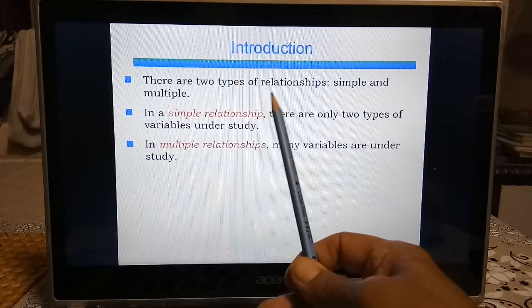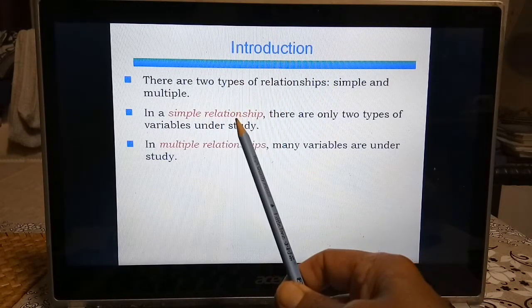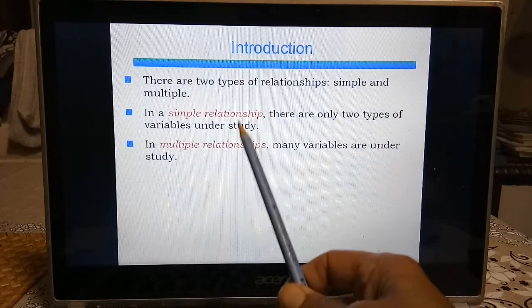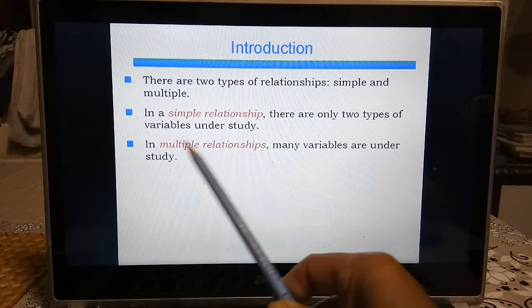Okay, there are two types of relationship, simple and multiple. Okay, for a simple relationship, only two variables involved. Okay, cuma dua type of data sahaja yang terlibat.